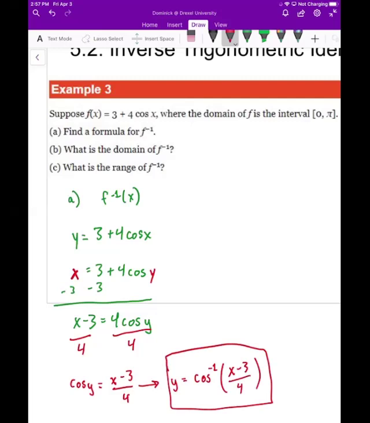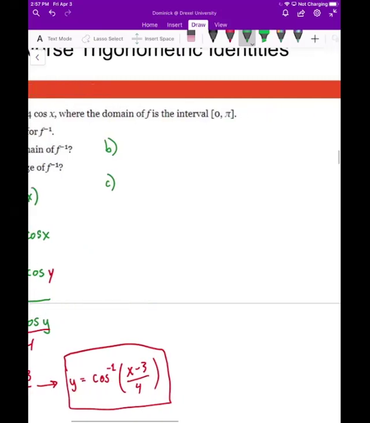Now for the domain and range, we can look at the domain and range of our original function, and then the inverse will have the opposite properties. So since the domain of f is 0 to pi, this is the range of f inverse.